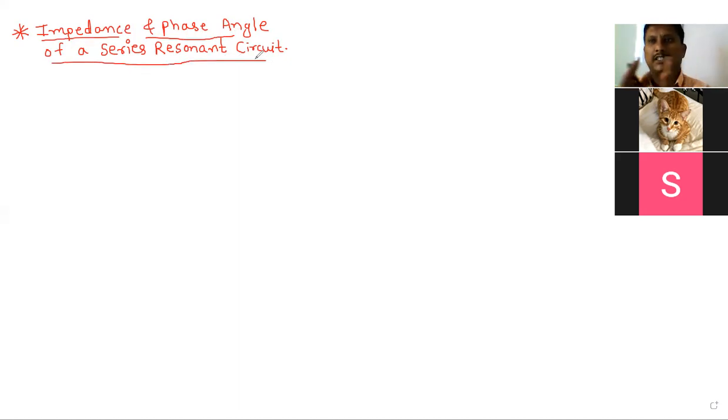So these are the two different parts. One is the impedance and another is the phase angle.